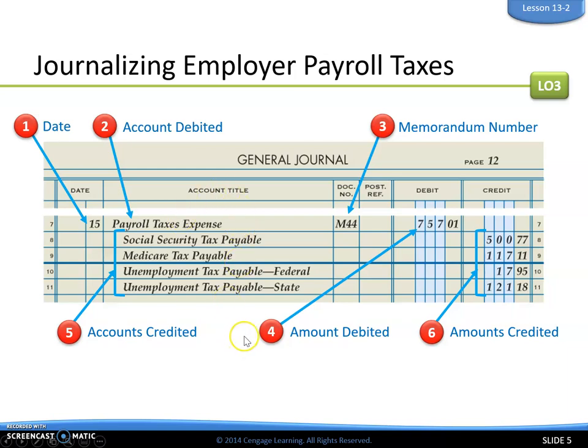In this transaction, we are just looking at the employer and we are just recording the employer's side of taxes. So again, the employer and the employee pay Social Security and Medicare, and just the employer is going to pay those FUTA and SUTA taxes. We are not actually paying these taxes right now. We are just setting that money aside so that we can pay the government at a later date.